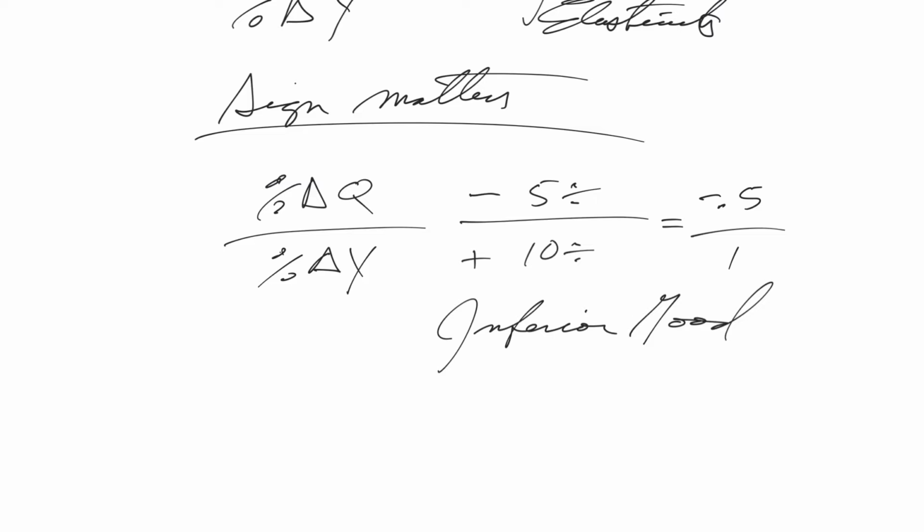In this example, if income were to go down by 1%, then we'd expect to see an increase in quantity demanded. So the sign just tells us that it goes the opposite direction of income. That's an inferior good.